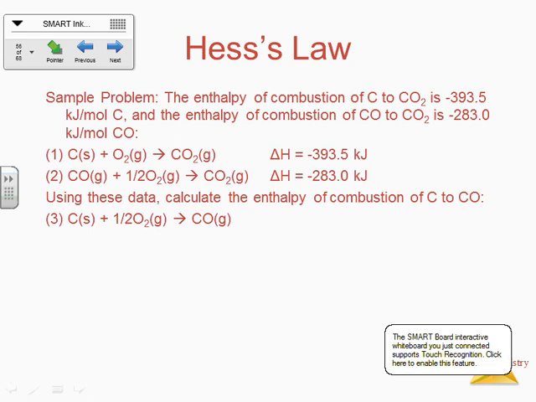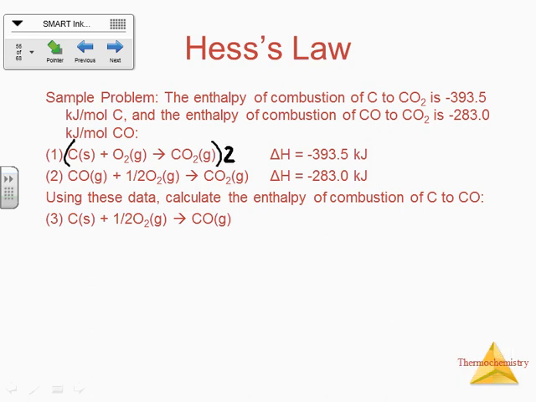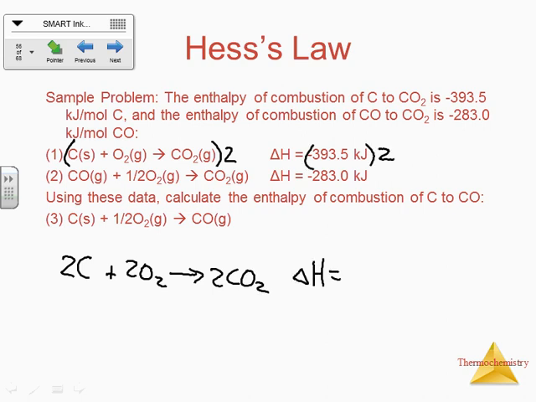And then the other thing that you can do is you can multiply the entire equation by some number. Okay? So let's say that I wanted to multiply this whole thing by 2. Then I'd rewrite that as 2C plus 2O2 gives us 2CO2. And then when I do that, I have to also multiply my delta H by 2. Whatever I do to the equation, I have to change the delta H as well.